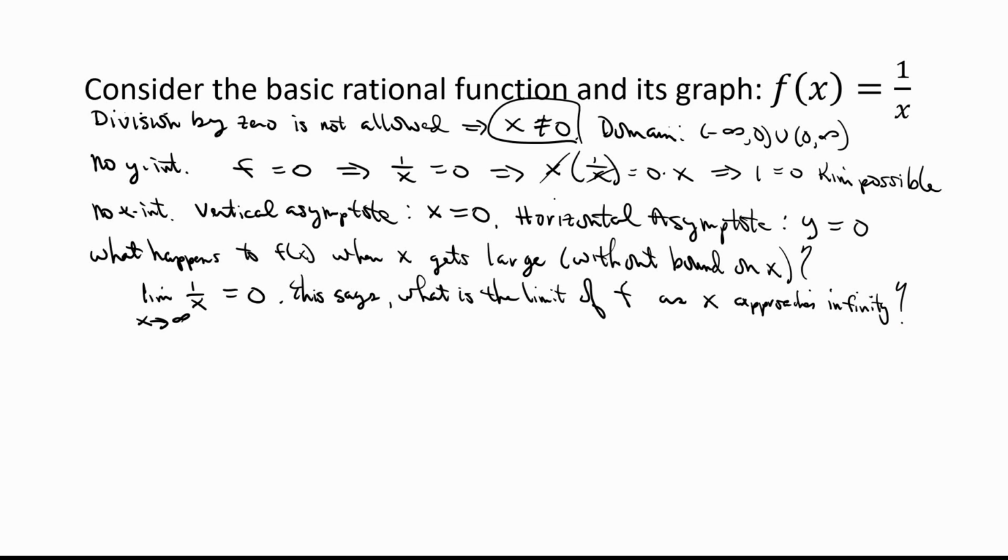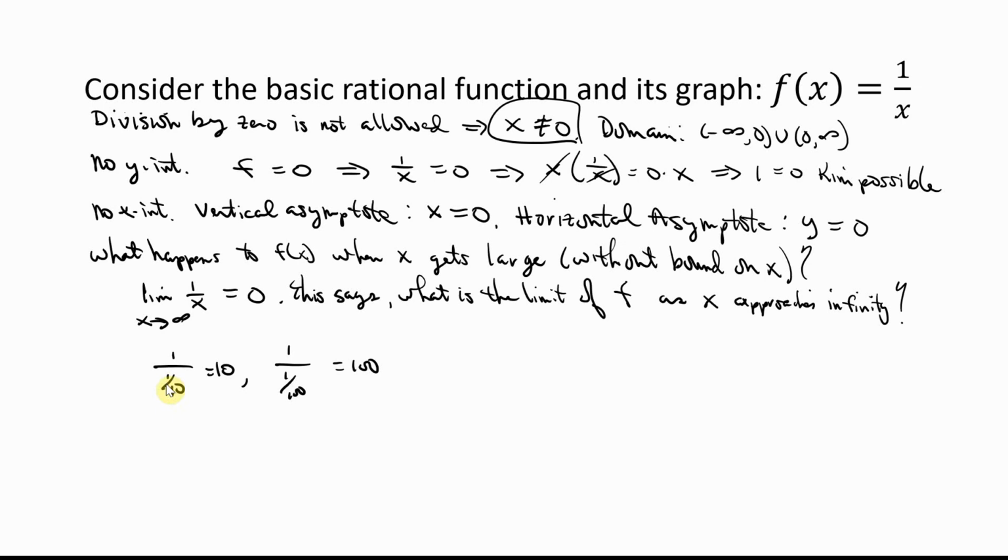Well, as x gets large, 1 over x gets small, right? So like, say for example, 1 over 10, 1 over 100.